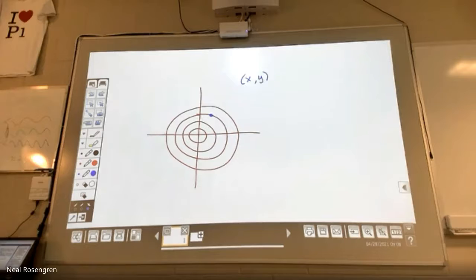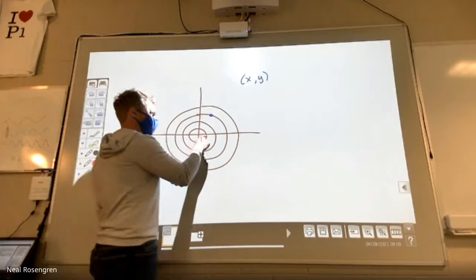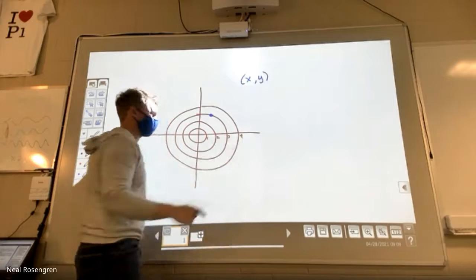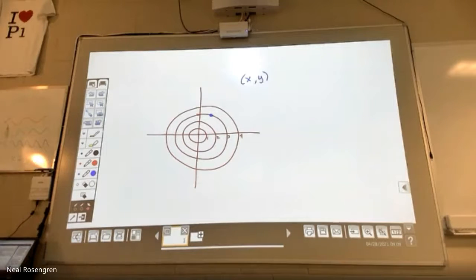That's why it's called rectangular. Describe a different pathway, and let's say this is a circle with a radius 1, a radius 2, a radius 3, a radius 4, making its way out. How could you get from the center to that blue point, traveling only along anything in red?